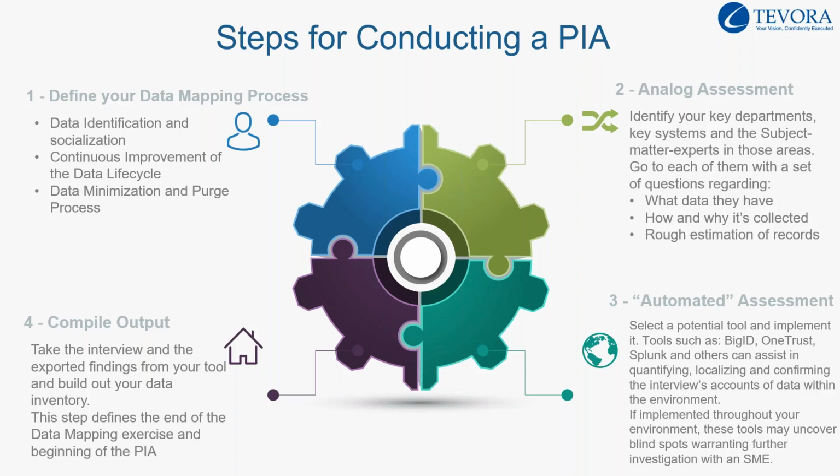You're doing it at the process level, which then goes down into the details of what data is being used to support those processes as part of that inventory. So however you want to call it, if you want to use that as your record of processing activity versus the data mapping exercise, absolutely, as long as the end result gets you what you need to identify exactly what data you're using, where it's stored, who's using it, and how long it's stored for. Yep.